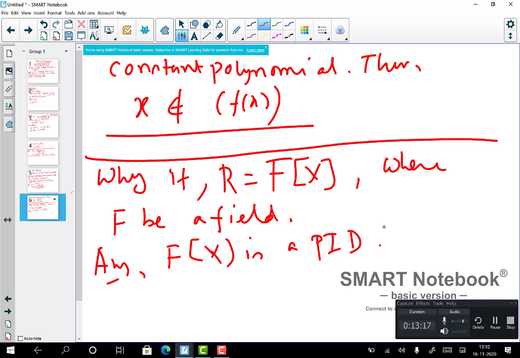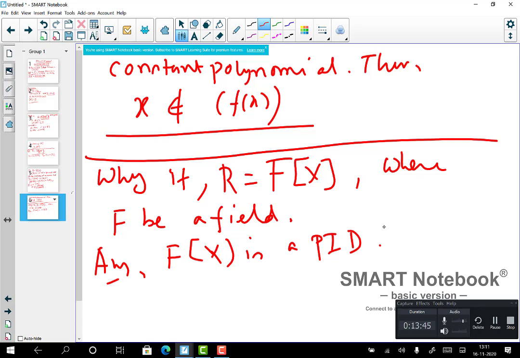It is for a field. It is always possible that the ring of polynomials over a field forms a principal ideal domain. They even form something called a unique factorization domain. So these are examples you should record; we will give proofs in upcoming lectures.